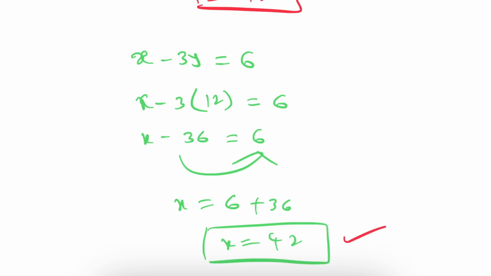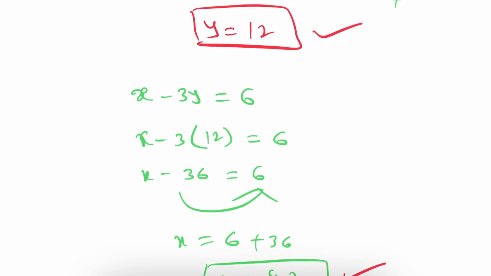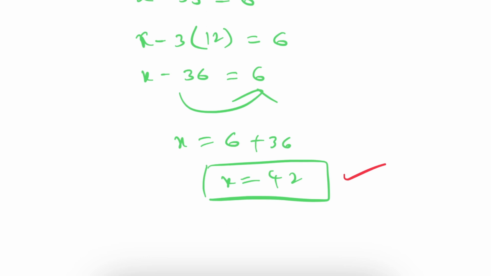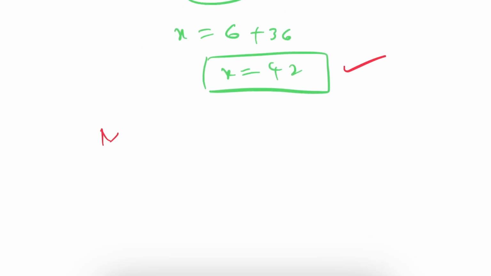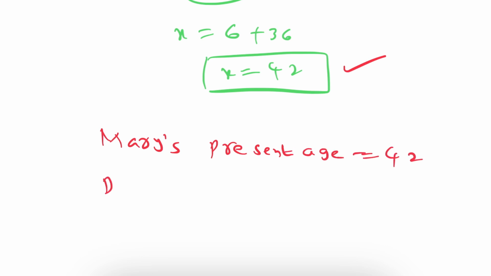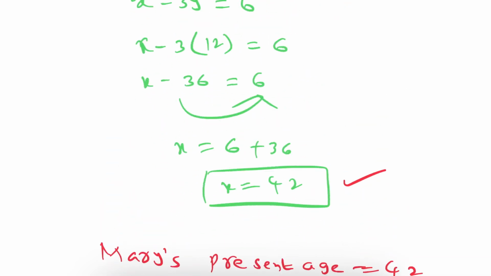X value we got as 42 and Y value we got as 12. So what we took earlier, X is Mary's present age and Y is the daughter's present age. So Mary's present age is 42 and the daughter's present age is Y, right? So Y value we got as 12.